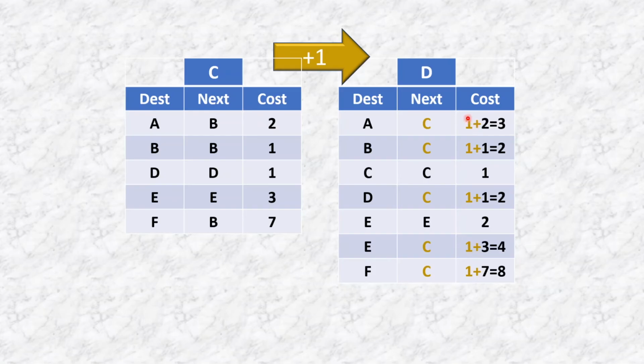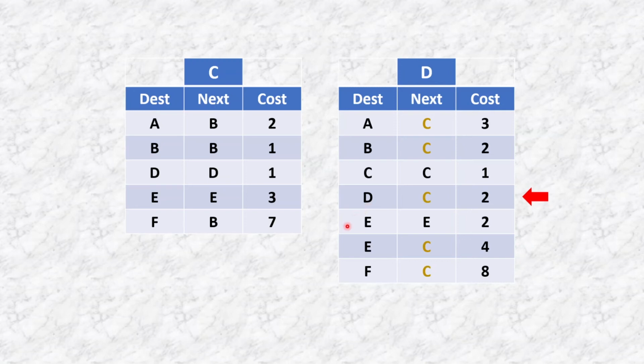However, there is a cost of 1 to get it to C. So here we had 1, 2, 3, 4, 5 entries, and for those 5 entries, we just copied the cost in all of those cases, but we also added the additional cost of 1 to get it to node C so that we can use node C's knowledge about how to get to those eventual destinations.